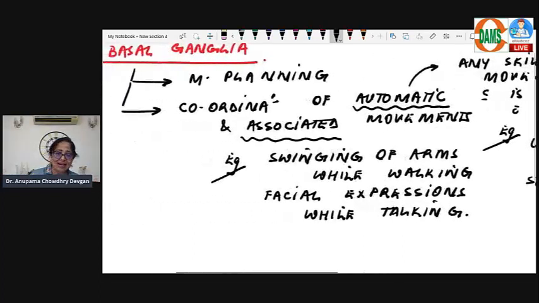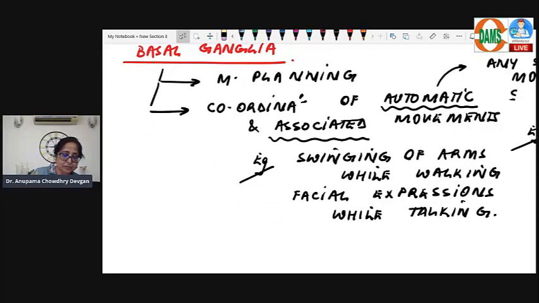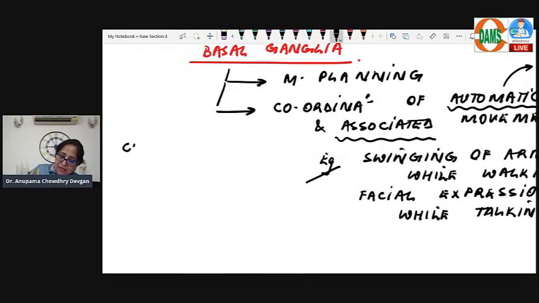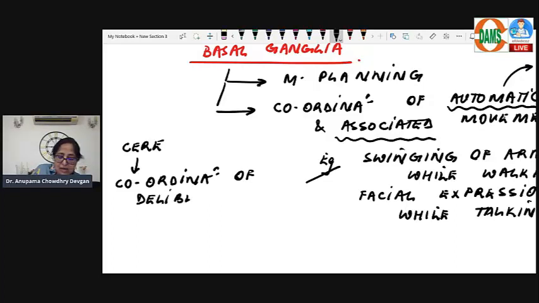So what is the cerebellar coordination? Now, cerebellum is involved in coordination of deliberate movements.